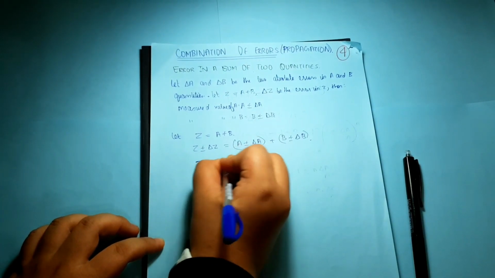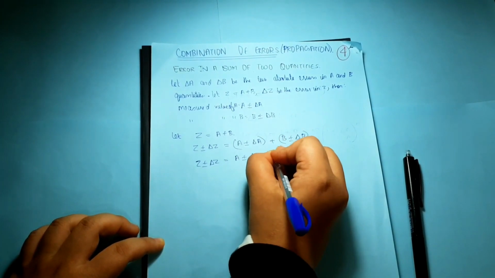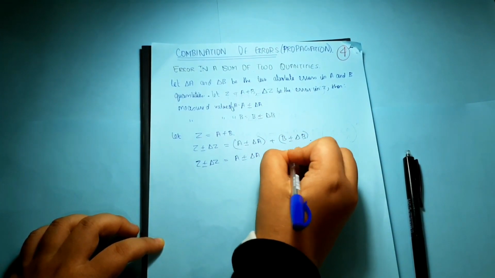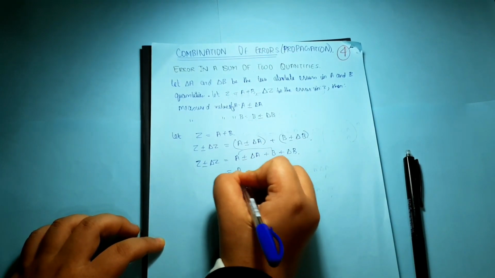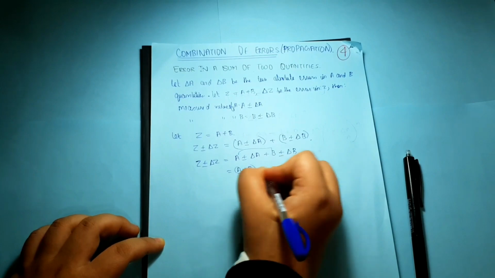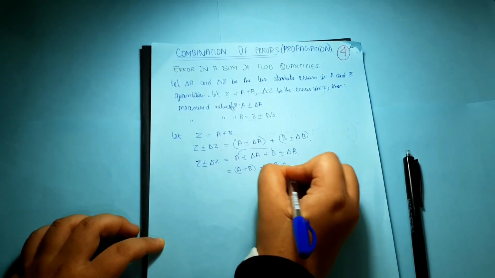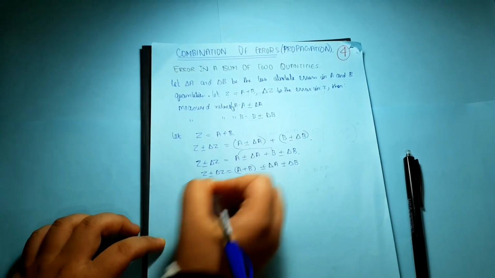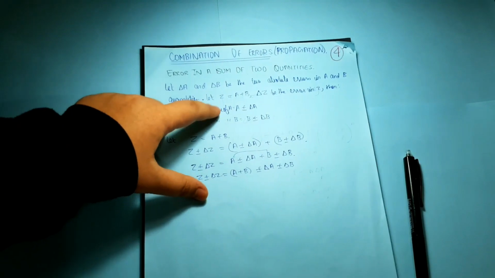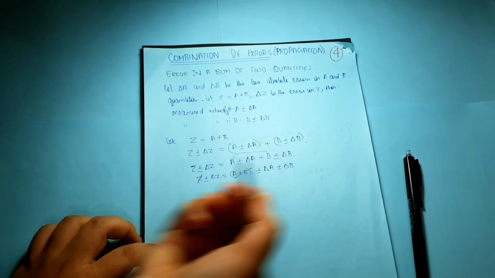Opening up the brackets on the right-hand side gives A plus or minus delta A plus B plus or minus delta B. Taking the terms together, we get A plus B, plus or minus delta A plus or minus delta B, and on the left Z plus or minus delta Z. As said in the introduction, Z is equal to A plus B, so you can simply cancel this part out because it means the same thing.